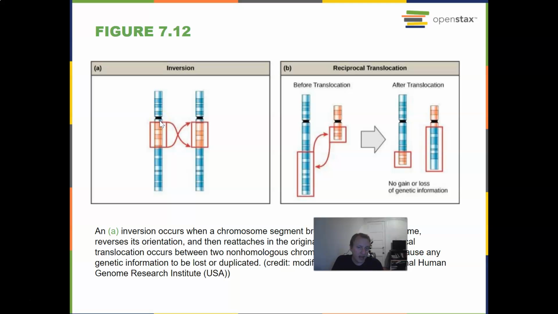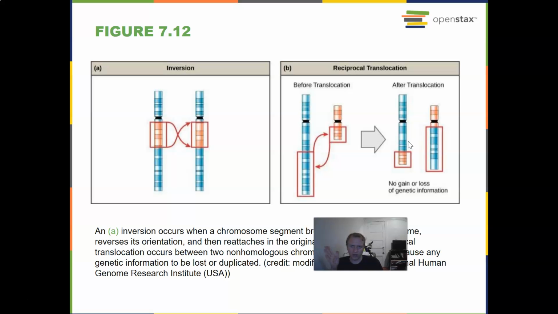You can also have translocation, where a portion of a chromosome will break off and move, and in this case is actually going to switch place with another segment of a chromosome. But the point being is that piece of DNA is moving to somewhere where it originally wasn't.